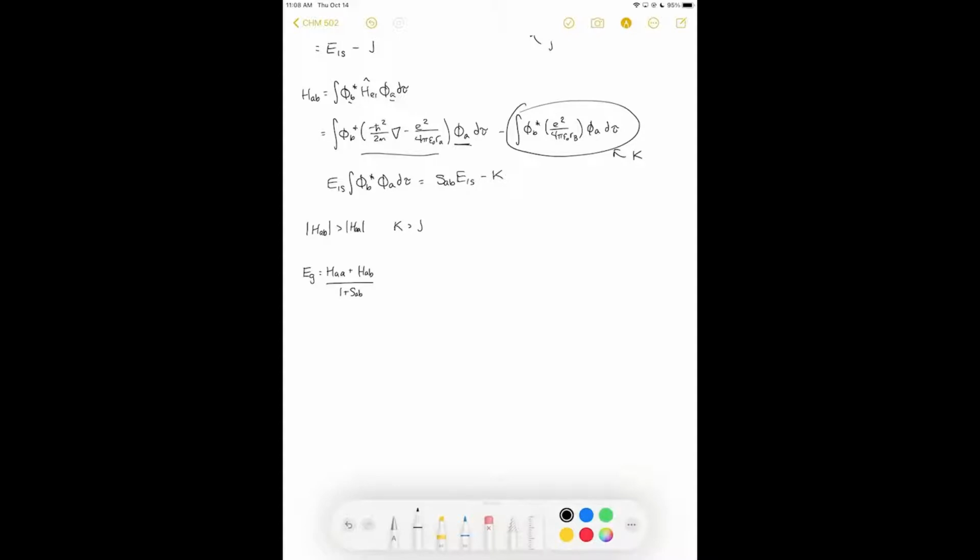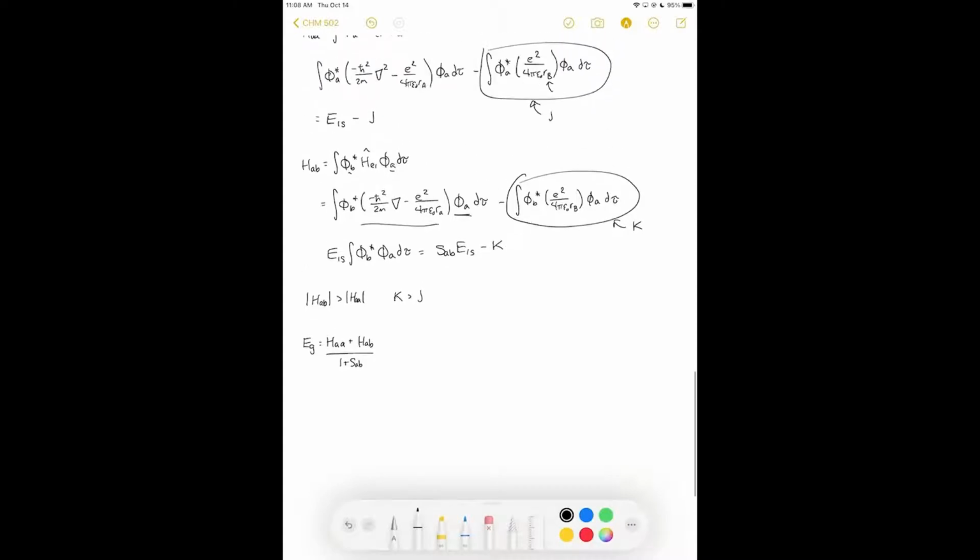And now we have these expressions for what HAA and HAB are, so we can plug these in and see what we get. So HAA is E1s minus J, and HAB is SAB E1s minus K. This is all over 1 plus SAB.